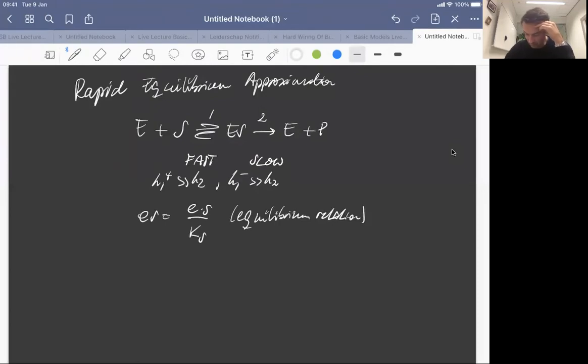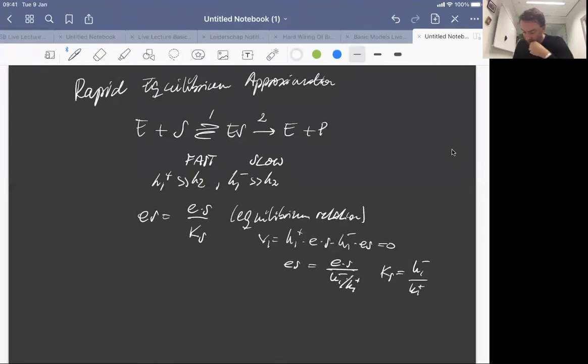Right, so how do we derive this? Well, we know that V1 is K1 plus times E times S minus K1 minus times ES. And if this rate is going so extremely fast that it always approximates equilibrium, then we can derive this, where the dissociation constant for this binary reaction is Ks equals K1 minus divided by K1 plus.